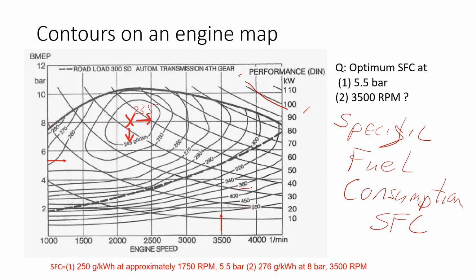Now let's ask ourselves a couple of questions. If we fix our pressure at 5.5 bar, what then is the best operating speed, and what is the specific fuel consumption at that speed? So you can see that as I move along this line, I cut SFC at 260.